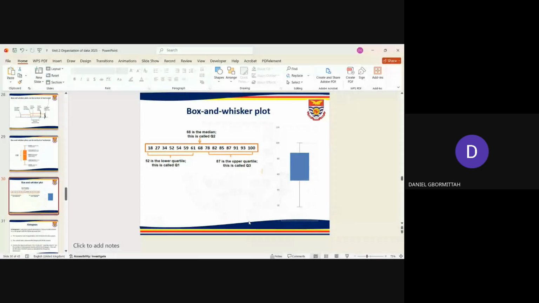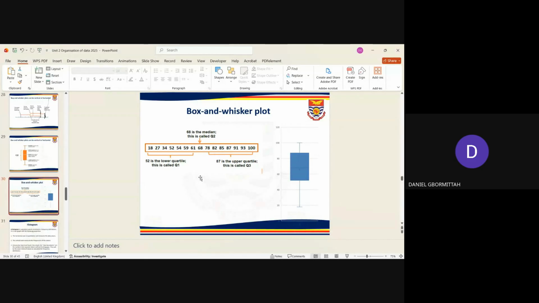Now let's find the median for this data set. You see, for you to find the median or the first quartile, the third quartile, and so forth, we need to arrange the data set first.